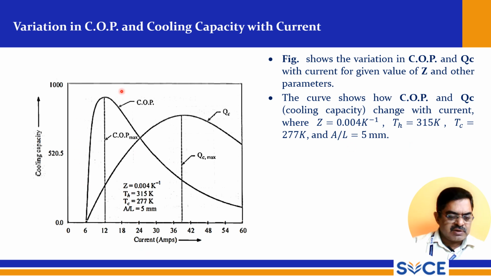So these are the parameters taken, and this is the cooling capacity on the y-axis, and on the x-axis we have current, and this is the QC curve, and this is the COP curve, and this is the QC max. So this is QC max and this is the COP max. These are the two peaks.